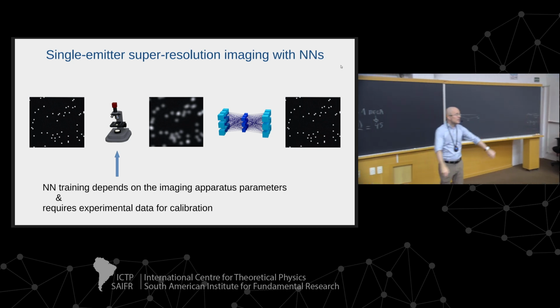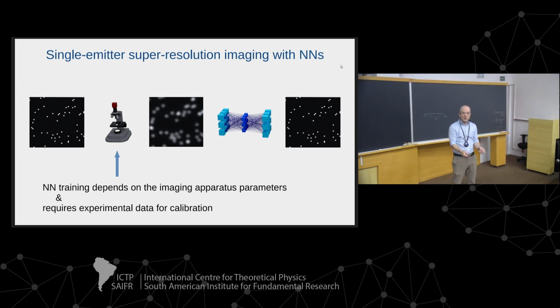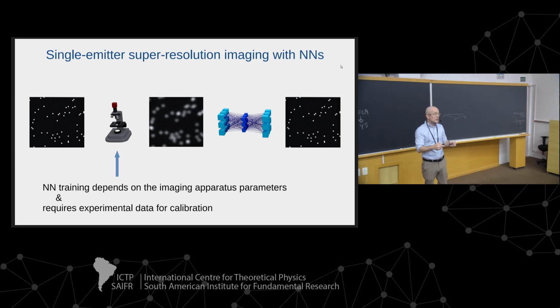So what about having a single computational model, a single deep neural network, which is able to process such under-resolved images from an arbitrary optical device without retraining?